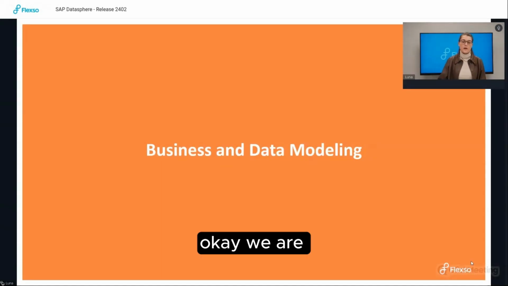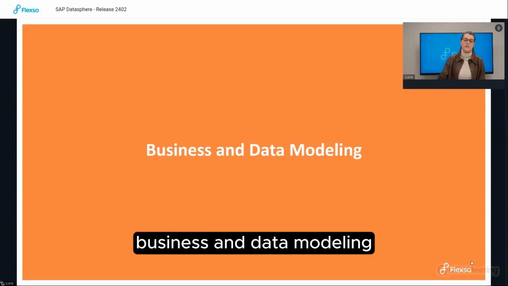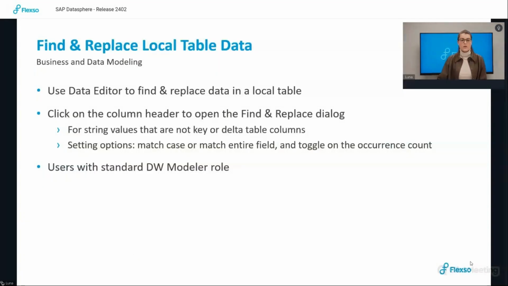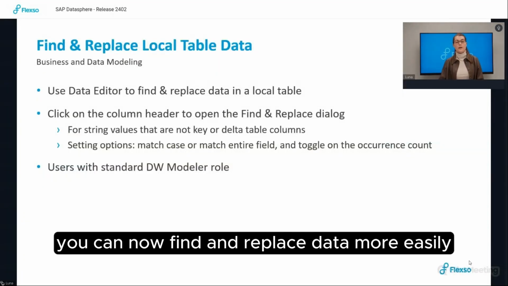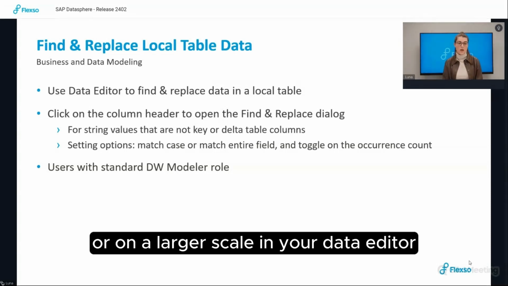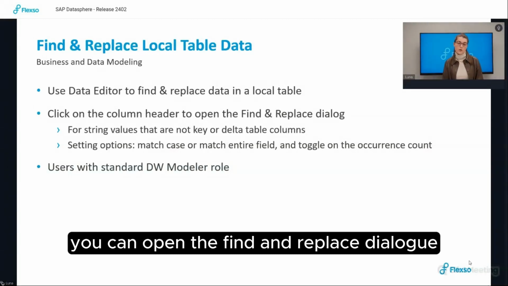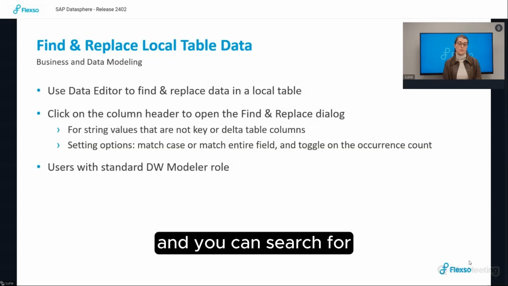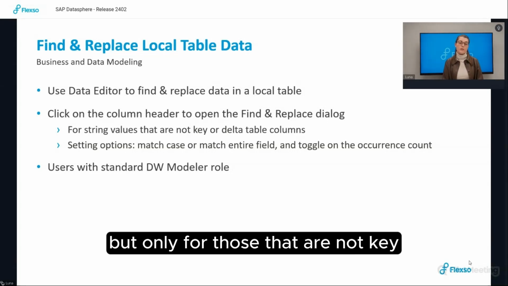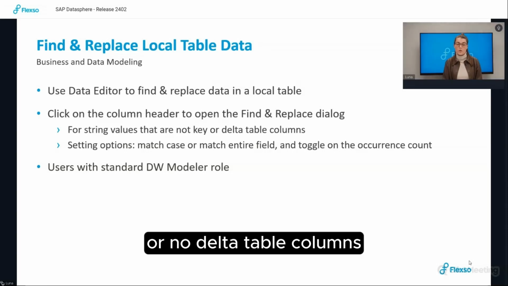Okay, we are with our third topic right now, business and data modeling. So for local tables, you can now find and replace data more easily or on a larger scale in your data editor. So if you click on your column header, you can open the find and replace dialog, and you can search for strings, for example, but only for those that are not a key or no delta columns.